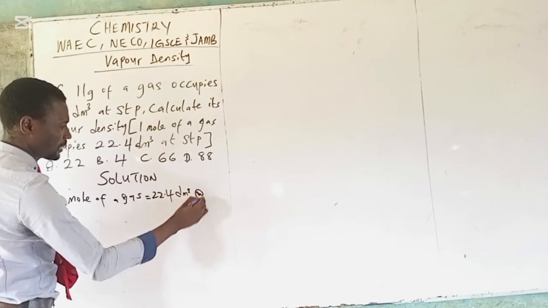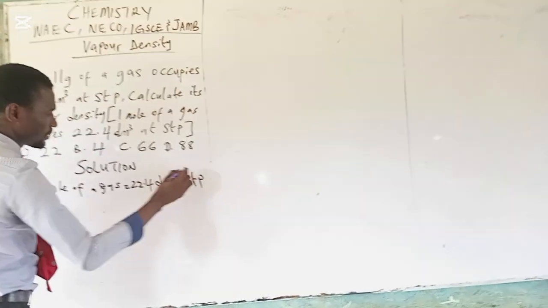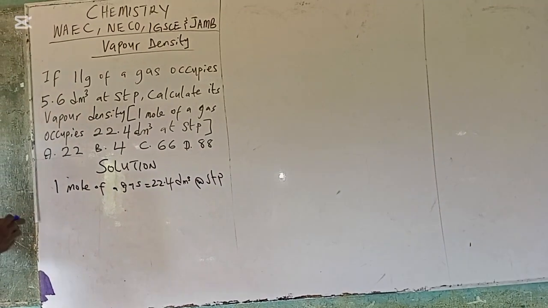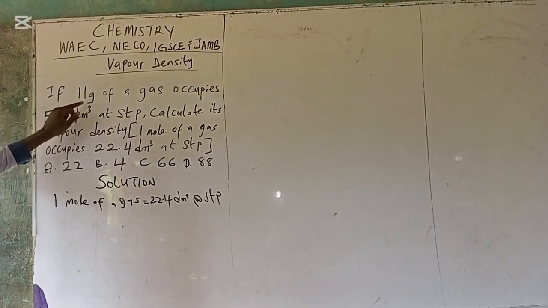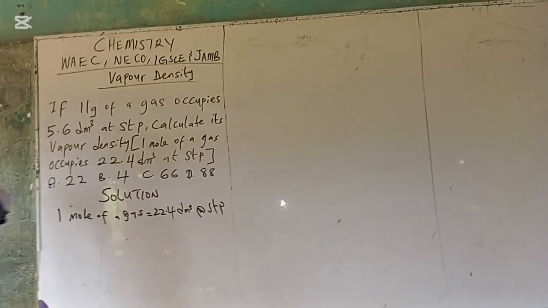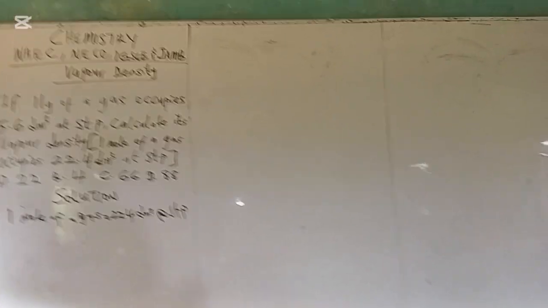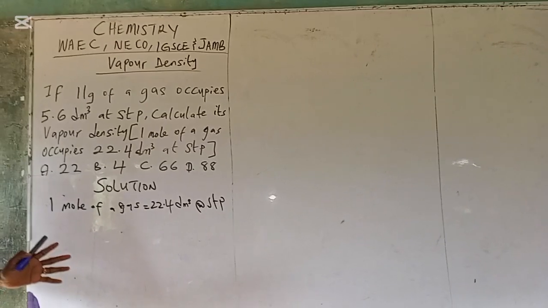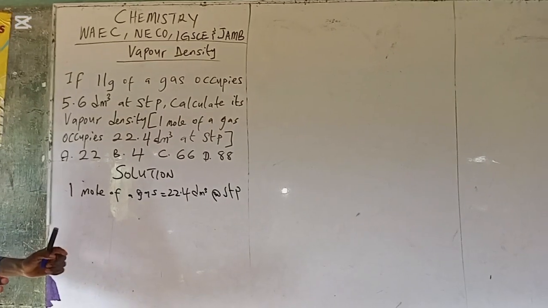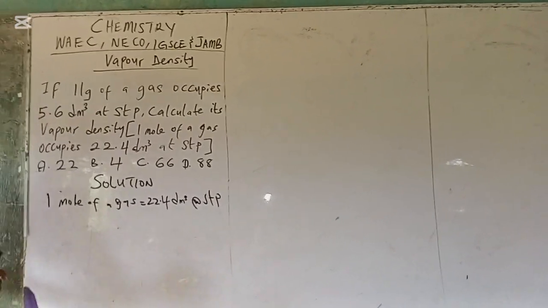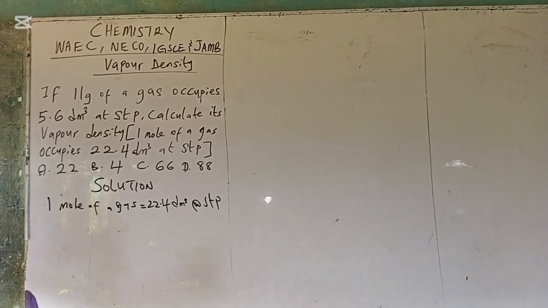That is at STP, standard temperature and pressure. Now in the question, if 11 grams of the gas occupies 5.6 dm³ at STP, chemistry calculations are very simple, very, very simple, but we have to follow rules.